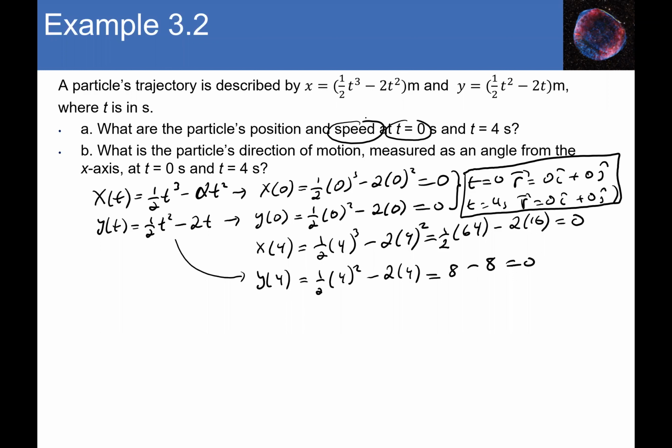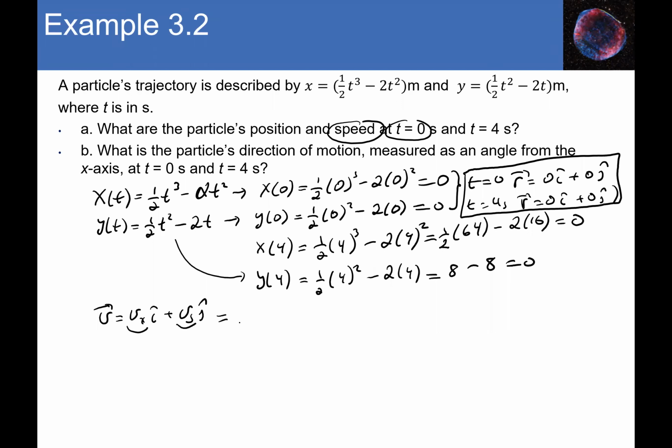Now let's look at the speed, and that can tell us something. At t equals 0 and at t equals 4 seconds, I need an equation for the speed. So we use a velocity vector, vx i hat plus vy j hat, which is the speed in the x direction and the speed in the y direction.